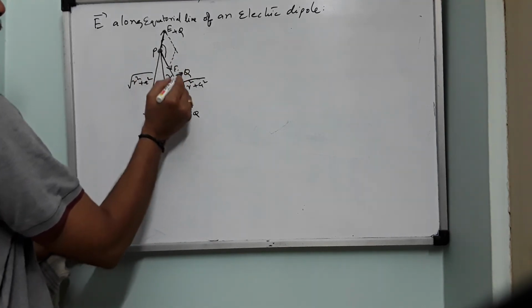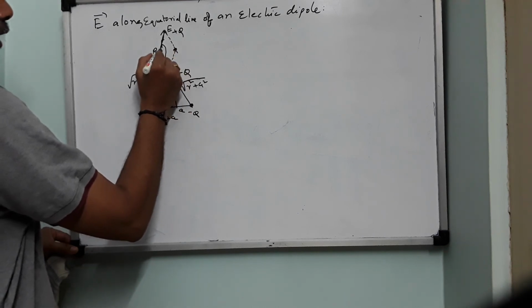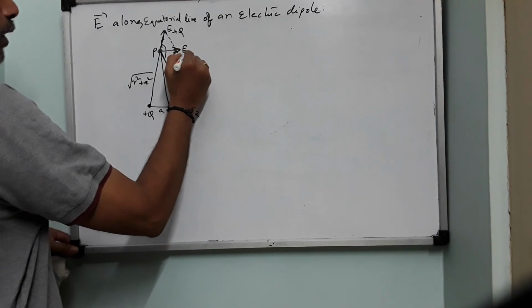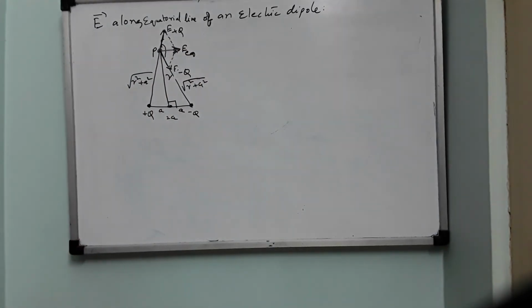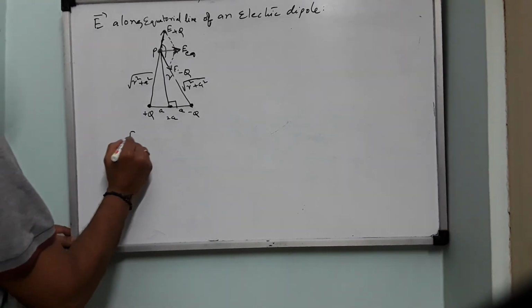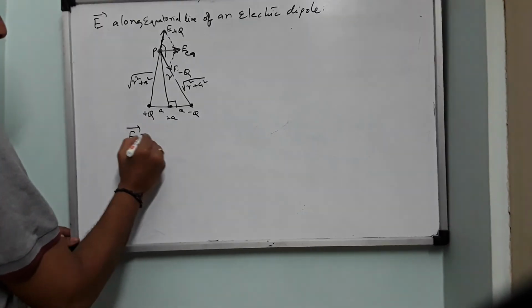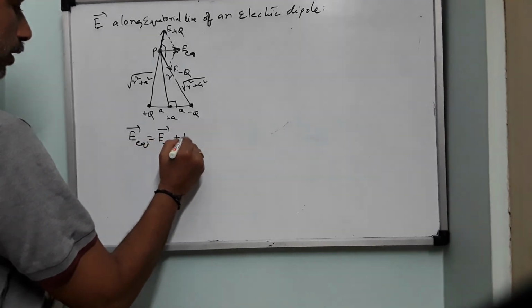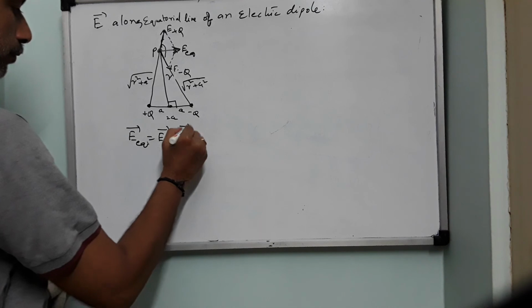Now this is the diagonal originating from the common point. So this is my E equatorial. I can write E equatorial vector equals E due to plus Q plus E due to minus Q.